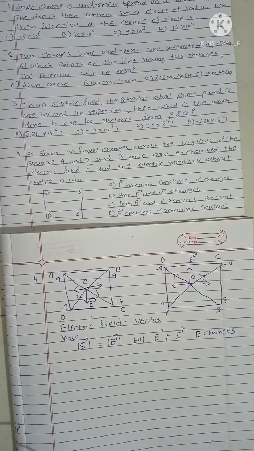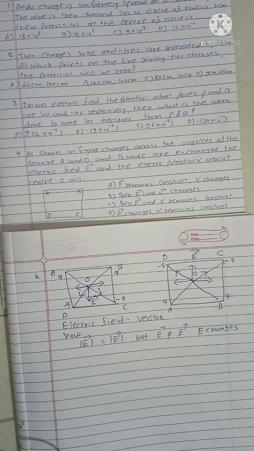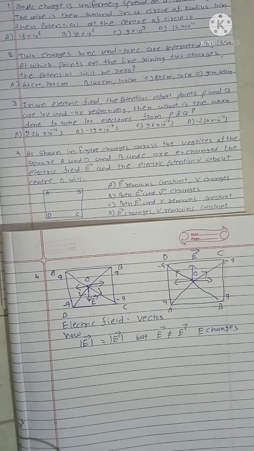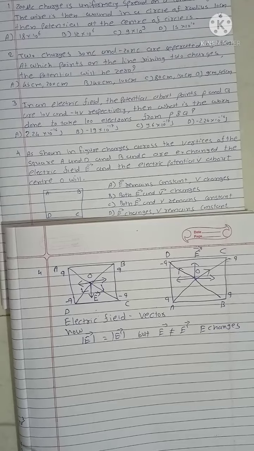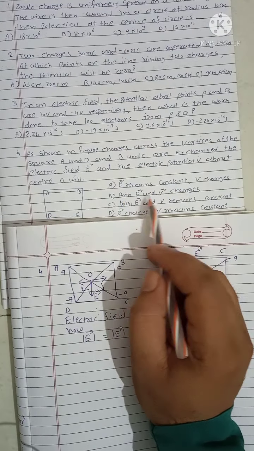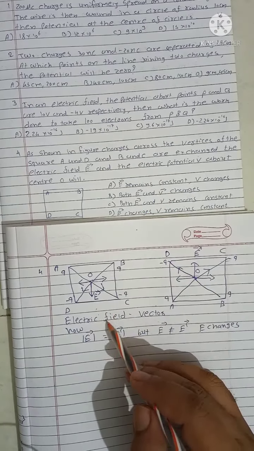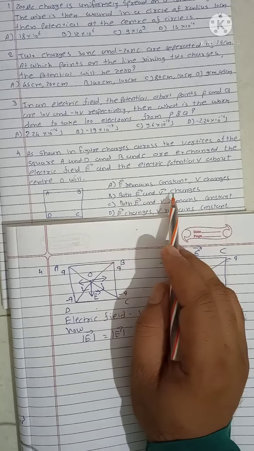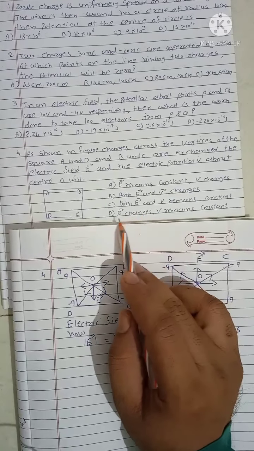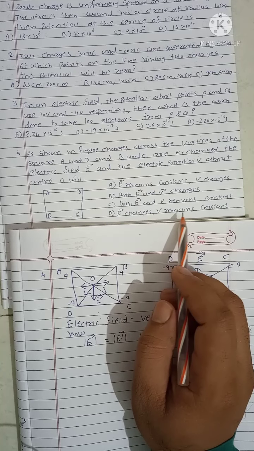But the vector of the electric field will not be the same, that means E changes. Here the value of the electric field is the same, but the vector is not the same, as there is a change in direction. So that's why, in the options, we see E remains constant, both E and V change. Actually we have only calculated the electric field so far, so this option may be right. But see, in option D there is also E changes, but V remains constant.